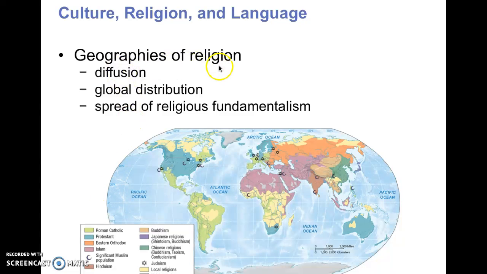Geographies of religion. The diffusion, the global distribution, the spread of religious fundamentalism. It's said that by 2050, Italy will not be a Catholic country. It will be a Muslim country. It's said that Europe, much of Southern Europe at least, may very well have Islam as the dominant religion, because the populations in those countries are dropping.